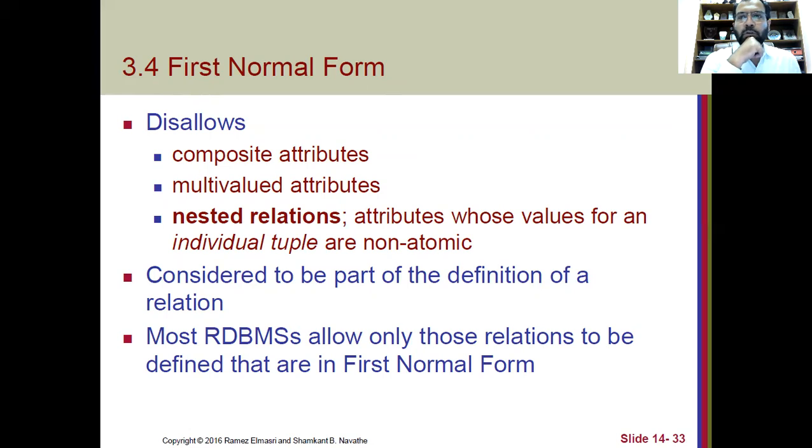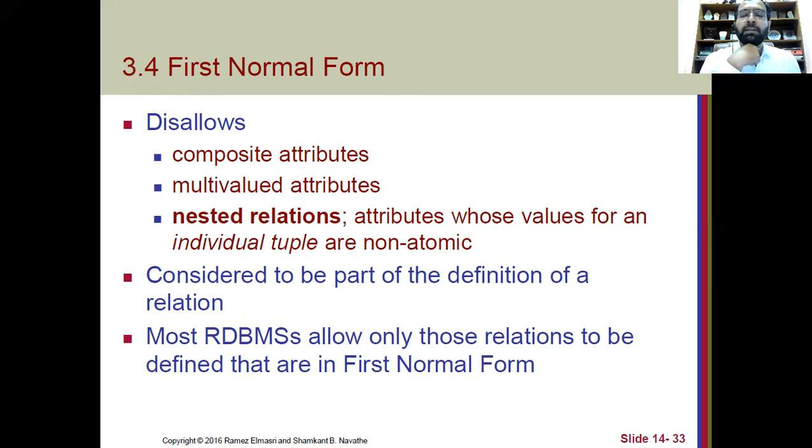There is no ordering of tuples, there is no ordering of attributes, and there is the atomicity principle. If we have all those basic properties in any relation, then by default it is in first normal form. It means there is no repeating group of information in any tuple or group of tuples within the relation. If there is repetition of information, then it disobeys the first normal form.